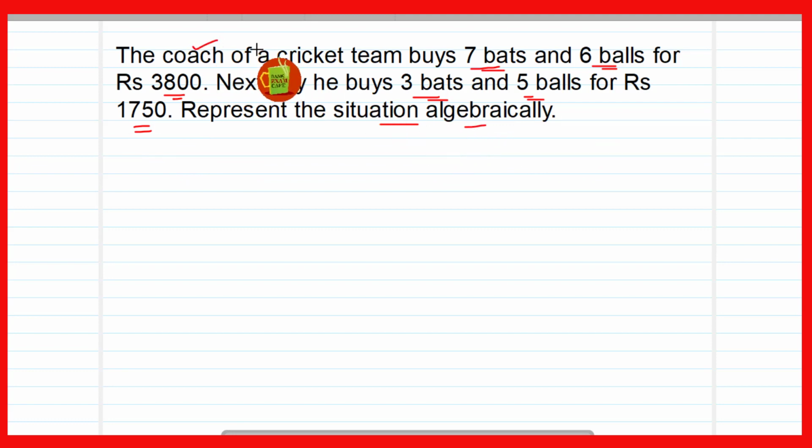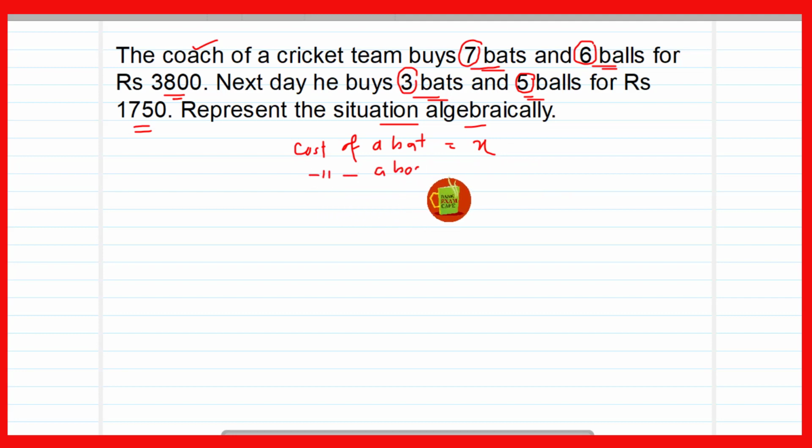A coach of a cricket team buys 7 bats and 6 balls on the first day, and it costs rupees 3,800. On the next day he buys 3 bats and 5 balls for rupees 1,750. So first we will assume the cost of a bat is X rupees, and the cost of a ball is Y rupees.